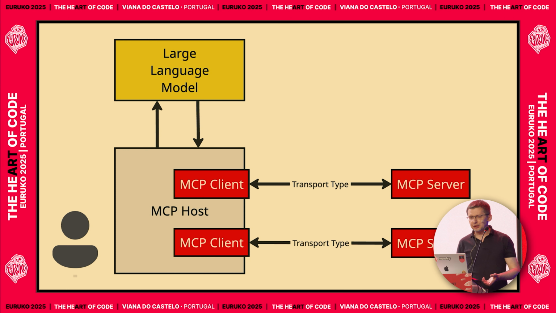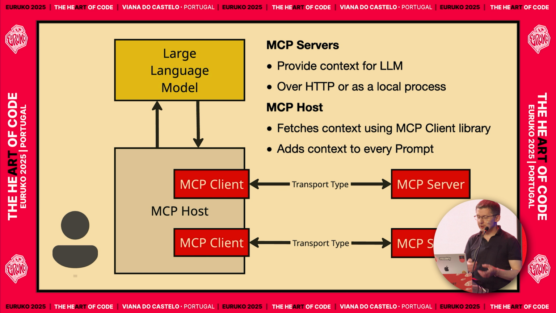Let's take a look at the architecture of a system using MCP. The central piece is often forgotten, but it's called the MCP host. It's a user-facing application. Your ChatGPT, your Claude Desktop, or Cursor, for example. The host application communicates with the LLM using a prompt and response schema. Now, MCP servers provide context to a host over an HTTP connection.